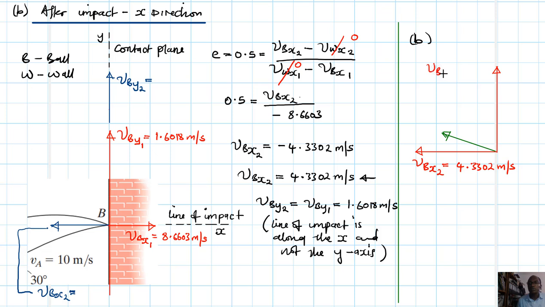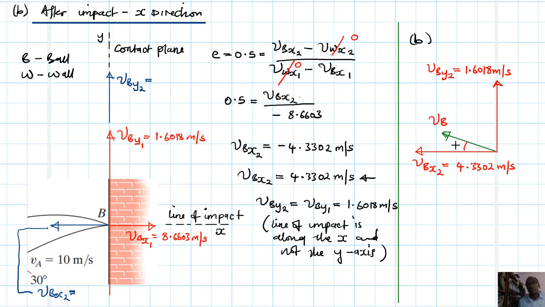This one is V_BY2, so you got 1.6018 meters per second, and then this one is the resultant V_B, right? This is after collision.